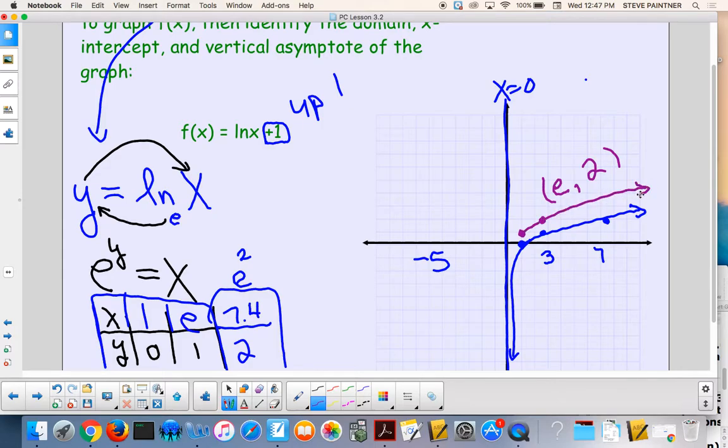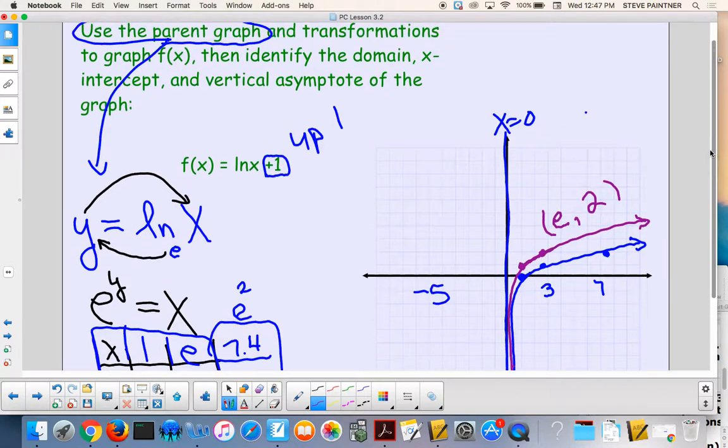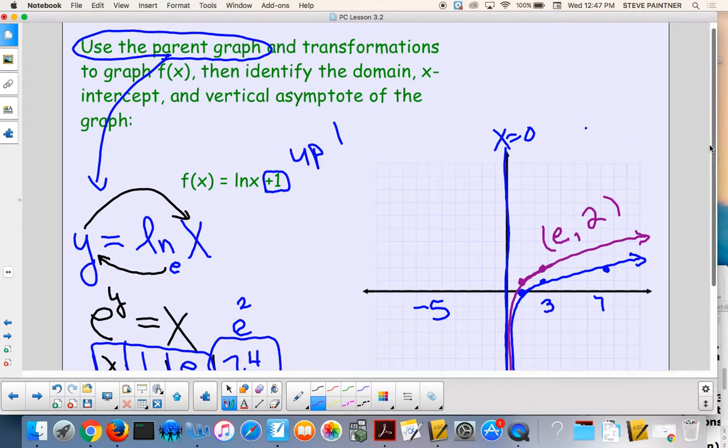Now, tell me something about the vertical asymptote. If you take this point and you move it up 2, you're right back to where you were. So really it's still going to be what? The x equals 0 is your vertical asymptote. Okay, now, here comes the questions though. Look up here. Give me the domain. What x's actually got answers?